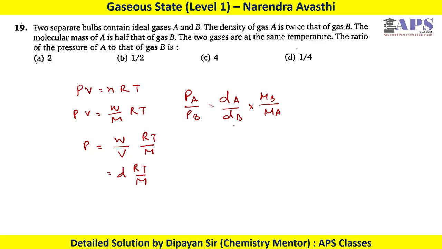Density of gas A is twice of density of gas B, and the molecular mass of A is half of that of B, so this will be 2 again. So PA by PB will become 4 by 1, or 4 is to 1. So the correct option is option C.